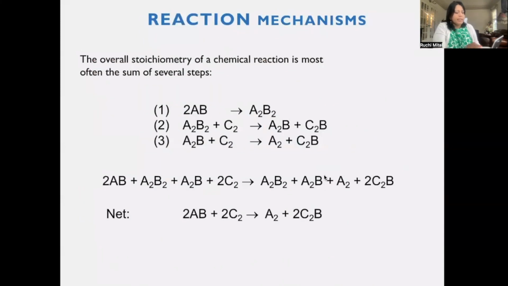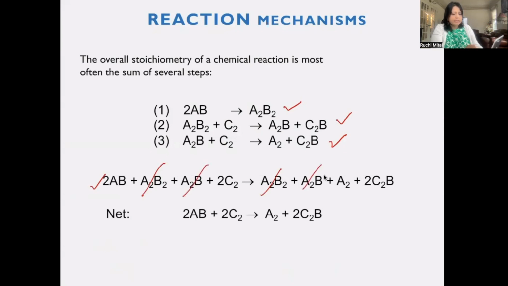What this is showing are your different elementary steps of a reaction, 1, 2, and 3. You add all your reactants, you write down all your products, and you cancel out everything that is common on both sides. So if you remove this, 2A, A2, this cancels out over here.